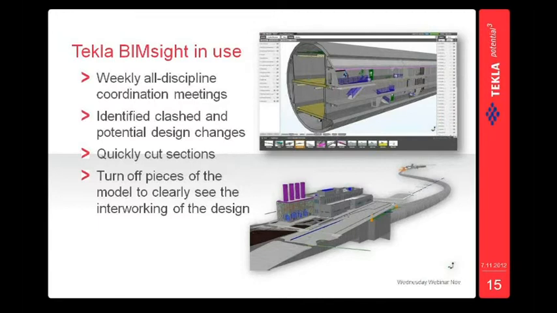And as you can imagine, in this kind of huge project there were many parties involved, so they combined civil, structural, architectural models, mechanical and electrical systems, and also traffic management in TeklaBIMSight. And then they used this TeklaBIMSight project in the weekly coordination meetings between all disciplines, where they reviewed conflicts and possible design changes by using TeklaBIMSight.